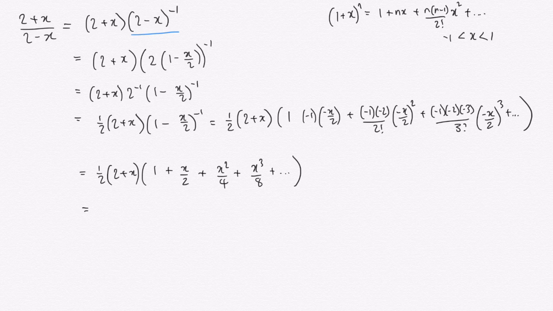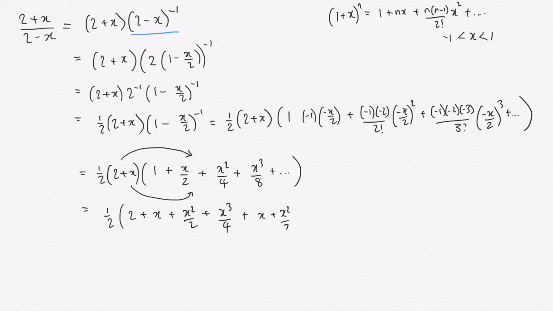And now it's just a matter of expanding this out. So this is a half of, and then multiplying 2 by everything in here, we get 2 plus x plus x squared over 2 plus x cubed over 4. And now multiplying x by everything in here, we get x plus x squared over 2 plus x cubed over 4. And we could write down the x to the power of 4 over 8, but we only want the terms up to and including x cubed.